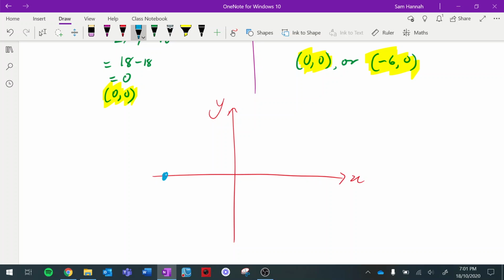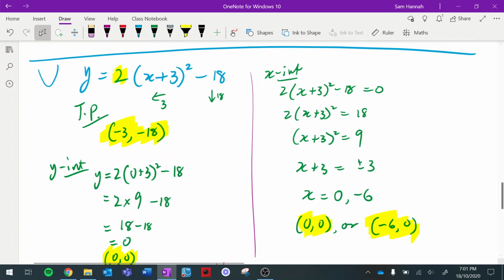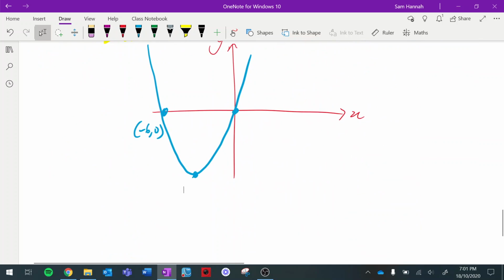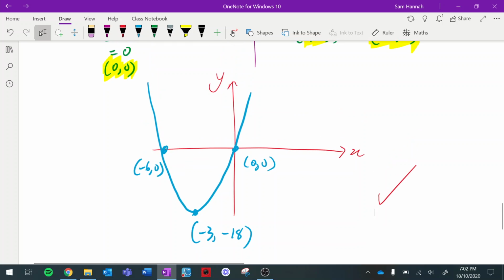We've got an x-intercept at (-6, 0), another one here at the origin, and the turning point, remember from the top, (-3, -18). Okay, and there is our nice parabola.